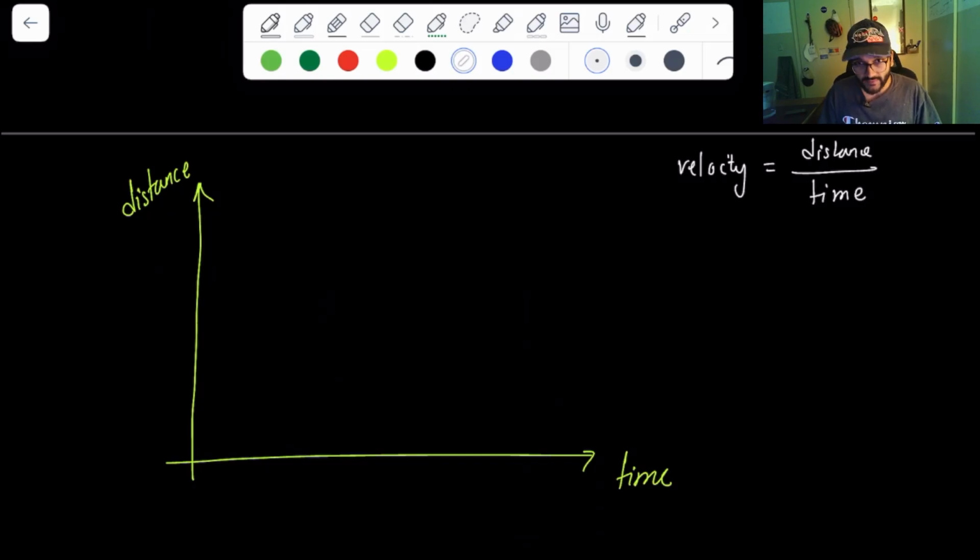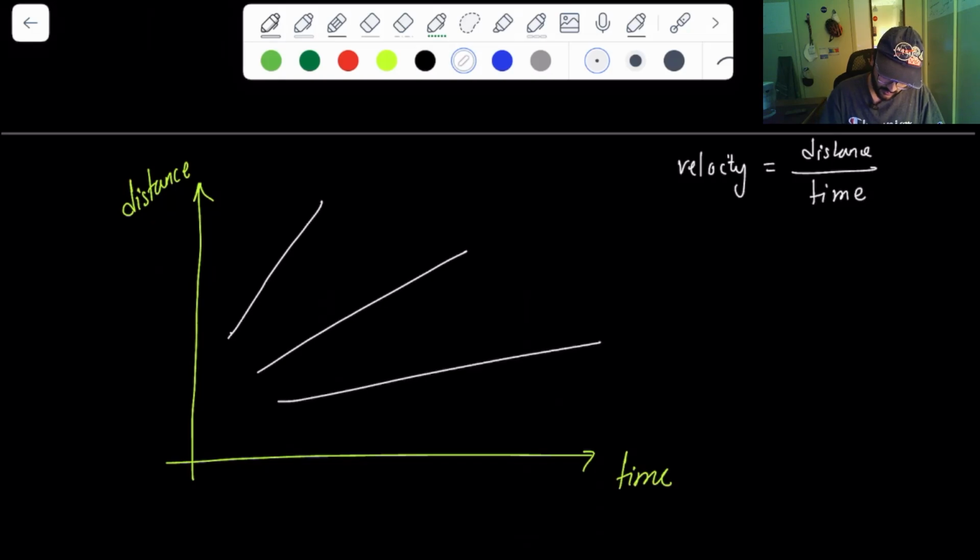If the velocity is constant, then you will see that the distance time graph will have lines like this. All right. So that means the velocity during this time, this time, and this time is constant.